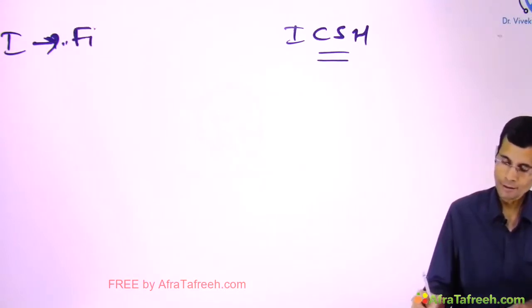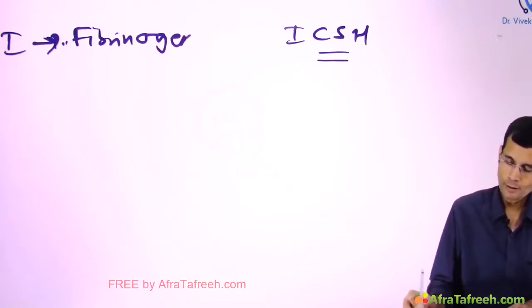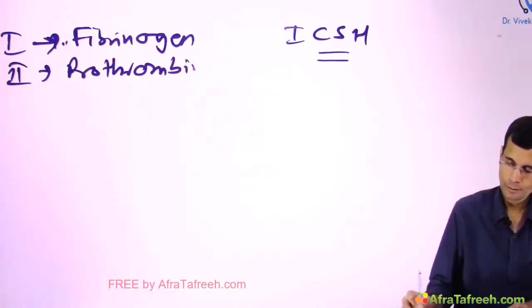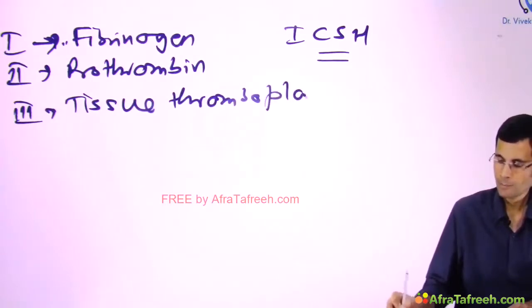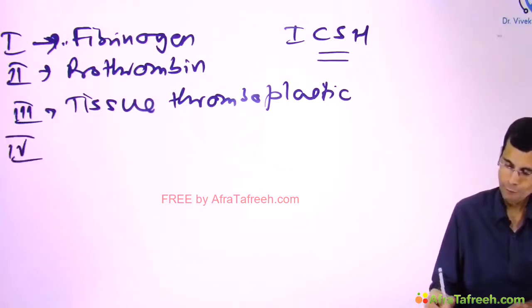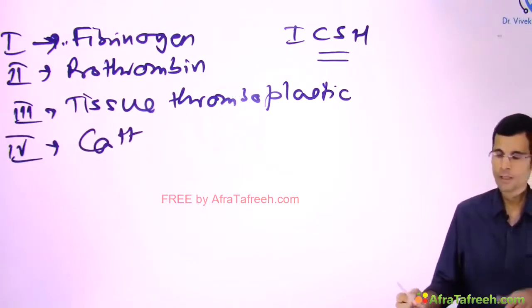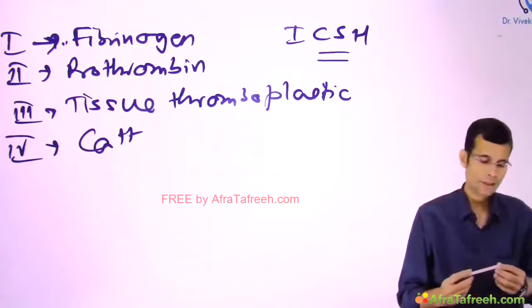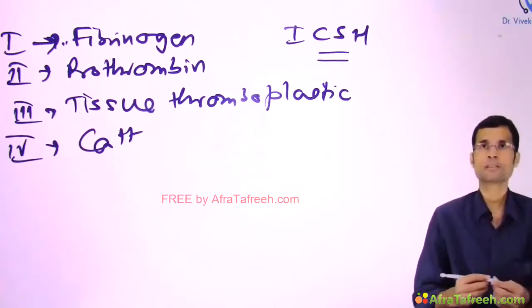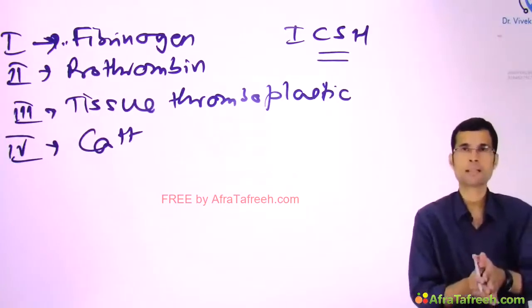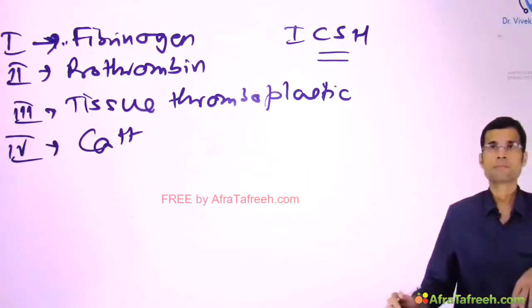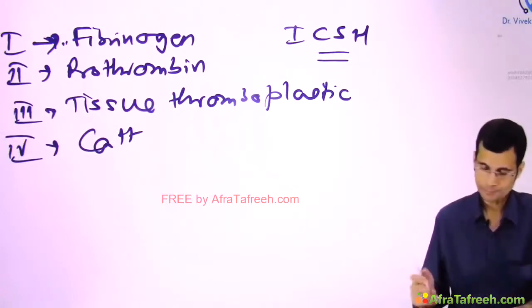So factor 1, fibrinogen, factor 2, prothrombin, factor 3, tissue thromboplastin, factor 4, calcium. Please make a note of this, that each step in the clotting process needs calcium. Except for the first two steps in the intrinsic pathway, all other steps need calcium.